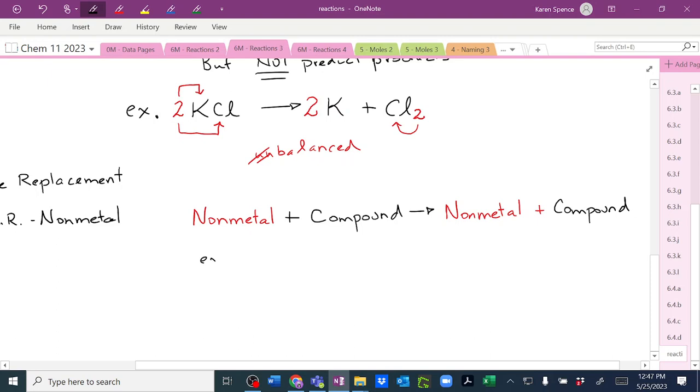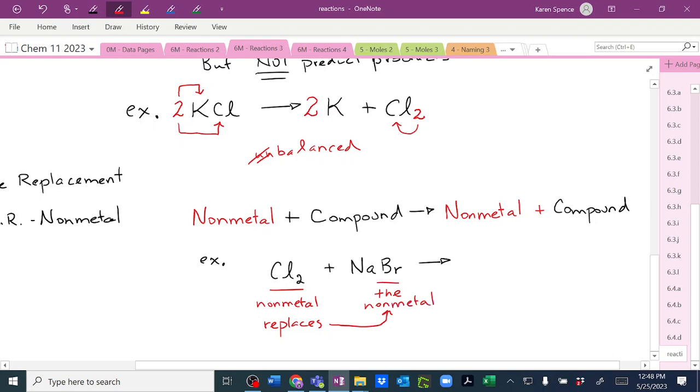So for example here, we might have Cl2 plus NaBr. The non-metal replaces the non-metal.